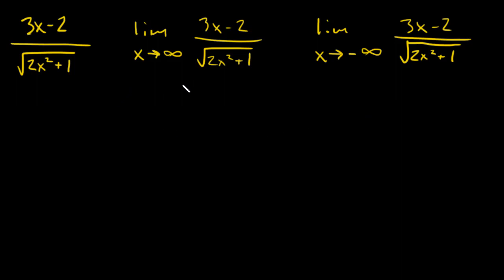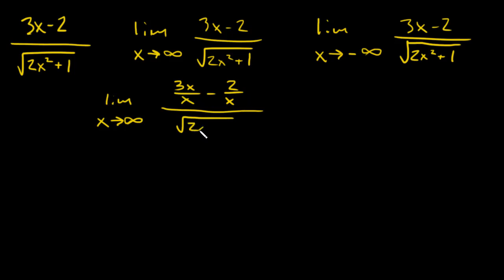So I'm now going to get to the point where I had the limit as x approaches infinity of, let's see, I divided every term by x, and I had 3x over x minus 2 over x, and then I had the root 2x squared plus 1 divided by root x squared. That's correct.